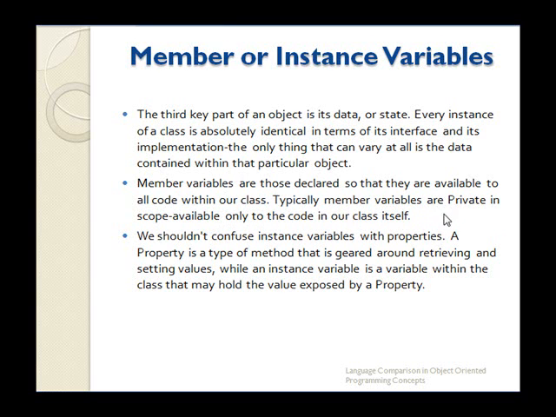Typically, member variables are private in scope, available only to the code in our class itself. We shouldn't confuse instance variables with properties. A property is a type of method that is geared around retrieving and setting values, while an instance variable is a variable within the class that may hold the value exposed by a property.